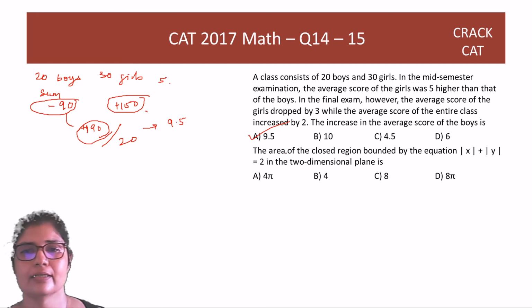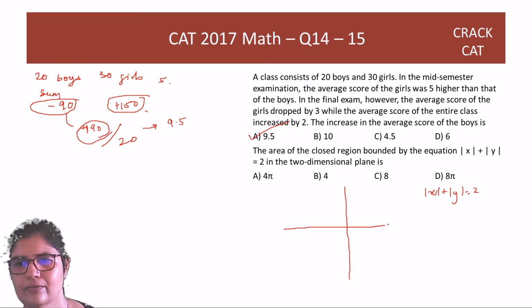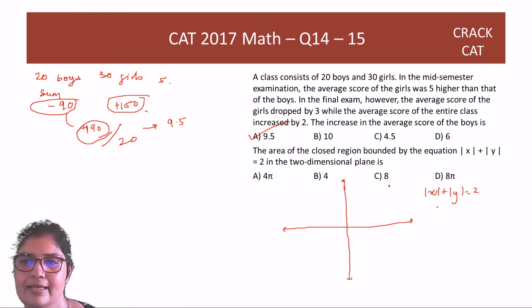Right? Great. Now we'll look at the area of the closed region bound by the equation modulus of x plus modulus of y is equal to 2. We'll work with 2 only. What does this mean? This is your axis. In the first quadrant, x is positive and y is positive, so modulus of x is actually x only because x is positive in the first quadrant.